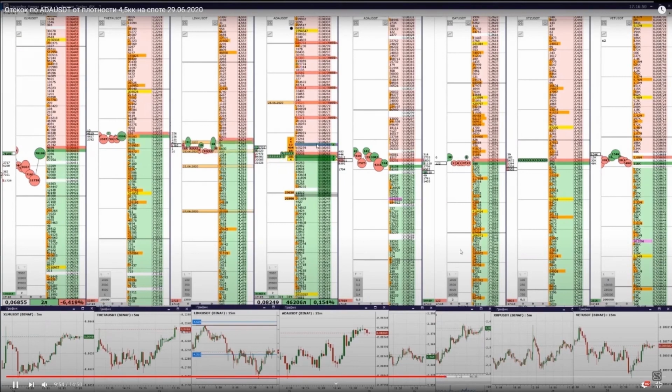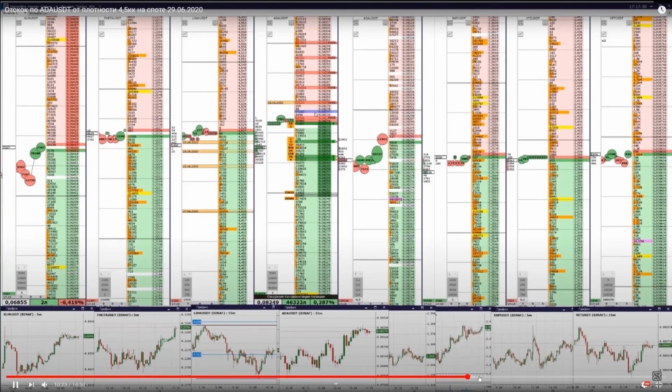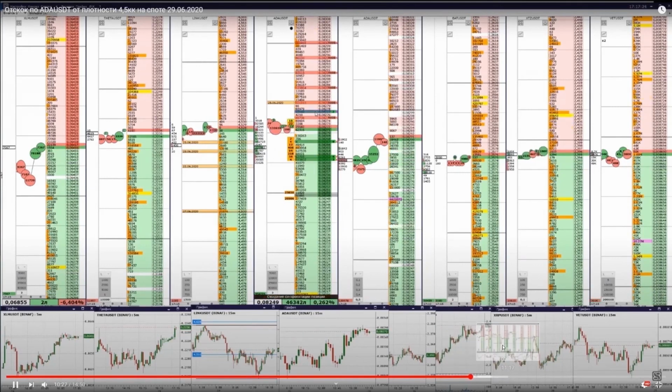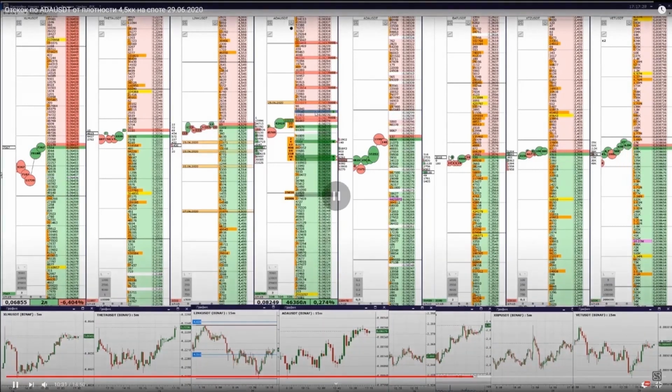I mean, it's vice versa. The stop is very short. It's like a hundredth or half a hundredth of a percent. So the ratio of risk to profit is like one to five or one to six. So very good. As we saw before, while coming to the density, there were no very strong sells.